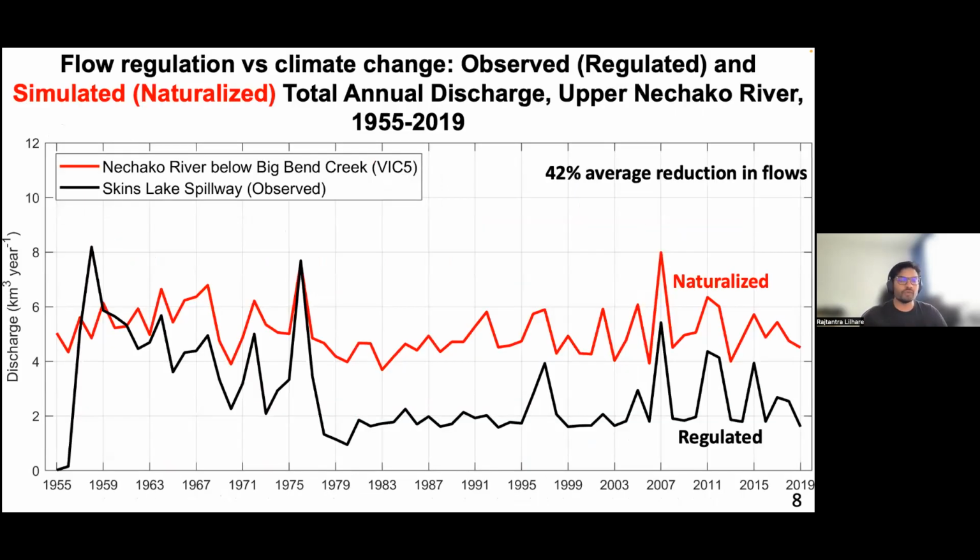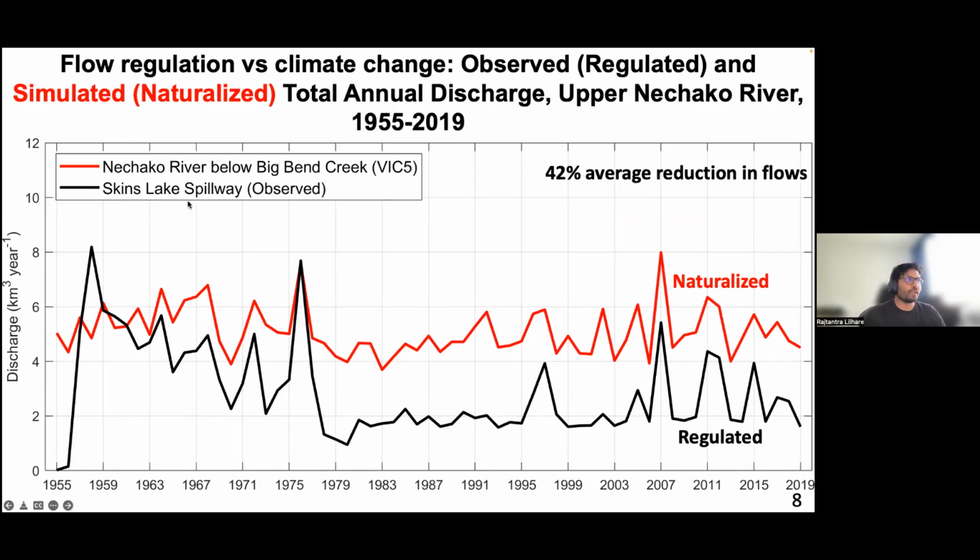Now moving forward, the flow regulation versus climate change impact. Here you can see in red the Nechako River below Big Bend Creek generated from the VIC model, and the black one is the Skins Lake spillway.